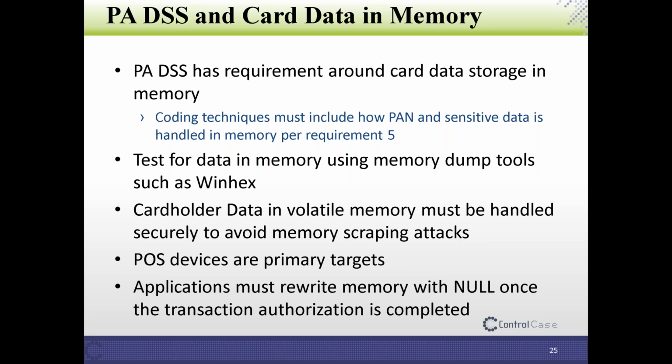But PA DSS also puts an additional requirement around ensuring that card data in memory must be handled appropriately, so that memory scraping attacks that look at the memory of various devices, especially point-of-sale devices, are nullified once a transaction is complete, so that the memory of these devices does not have a lot of unencrypted card data susceptible to memory scraping attacks lying in there.